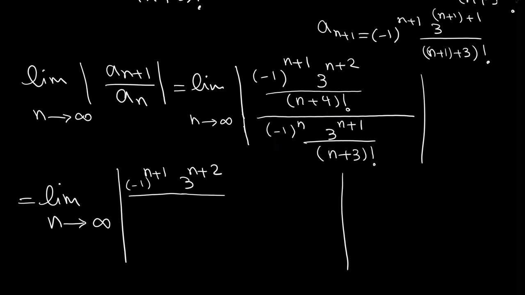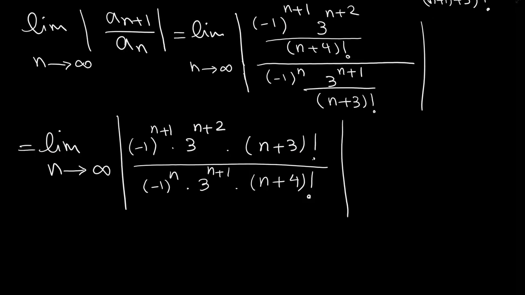If I multiply the numerator, which is this fraction, by the reciprocal of the denominator, then the answer is this fraction. Now let's simplify. In the numerator, we have (-1)^(n+1), which is (-1)^n times -1. We can cancel (-1)^n, dividing numerator and denominator by (-1)^n.